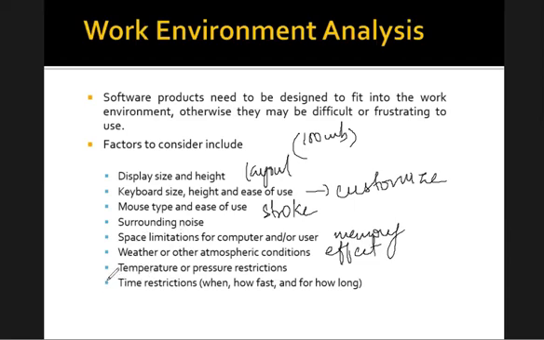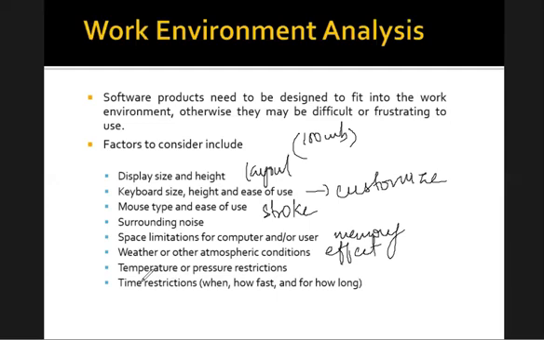Sometimes if the weather is bad, the Wi-Fi signals are very weak, so based upon that, you get to know those. Then temperature or pressure restrictions, if you've got any for specific applications, you get to know that. If within a server room the temperature is very high, it becomes very difficult for those files to be accessed.